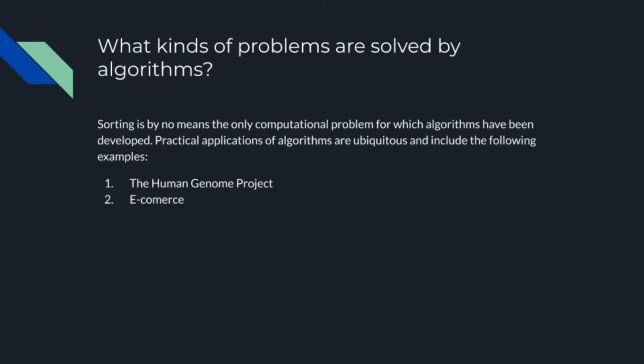Public key cryptography and digital signatures are among the core technologies used and are based on numerical algorithms and number theory. 3. The Internet. It enables people all around the world to quickly access and retrieve large amounts of information. In order to do so, clever algorithms are employed to manage and manipulate this large volume of data.